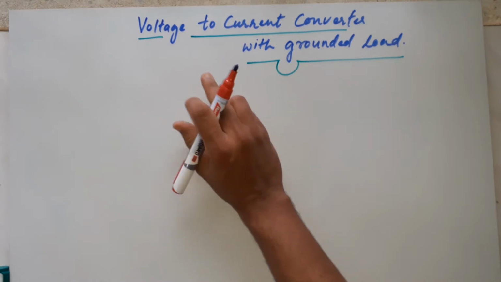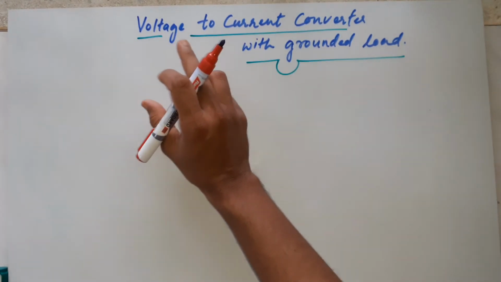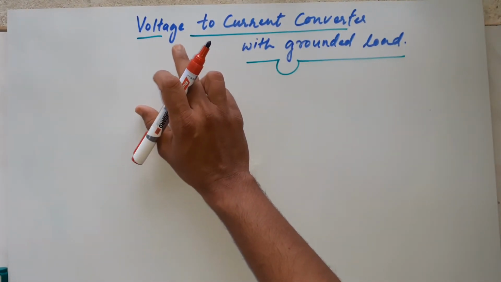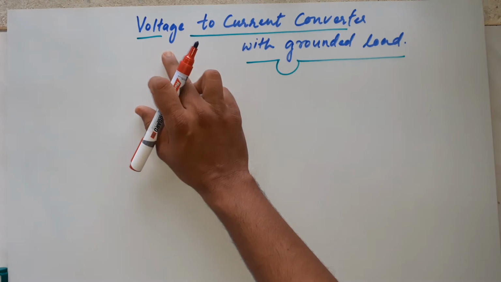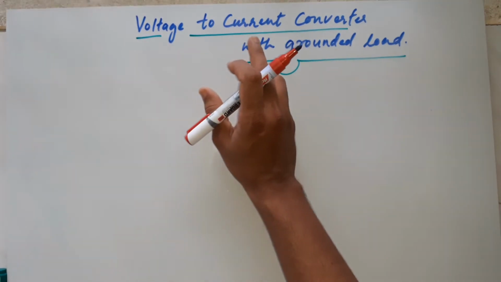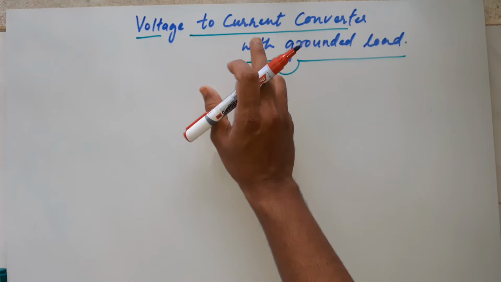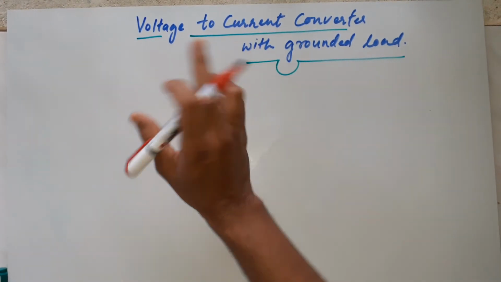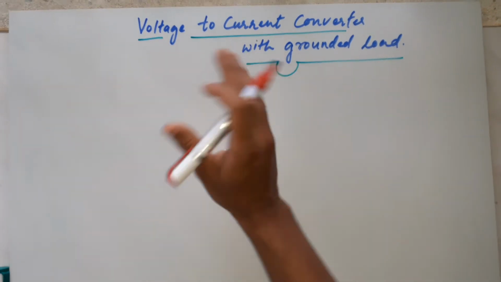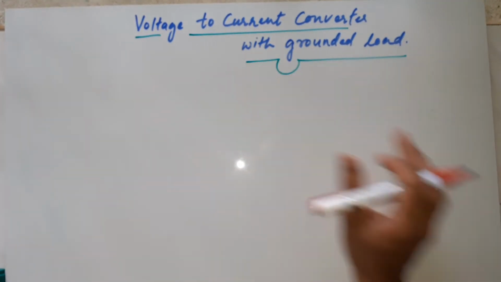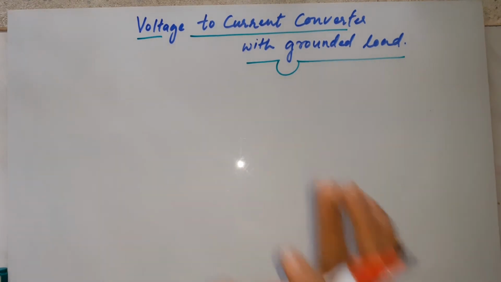We are just varying our voltage in such a way that proportionally current is being controlled. So this voltage and current, both of these quantities are proportionally varying in our circuit.